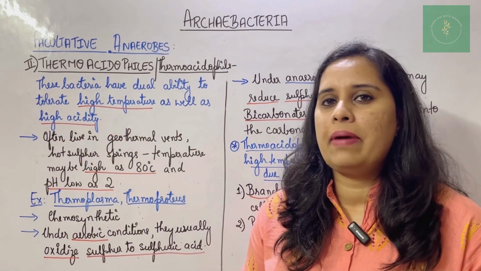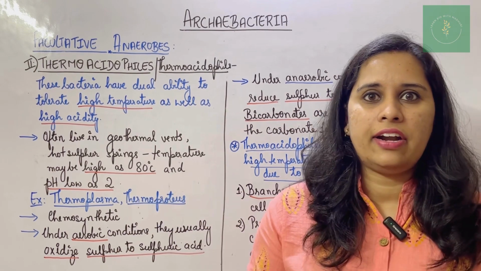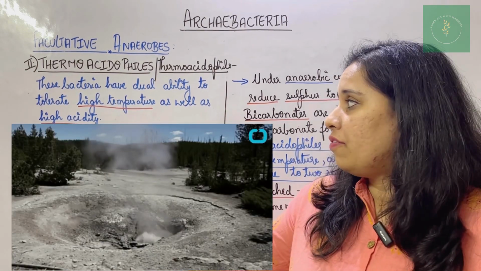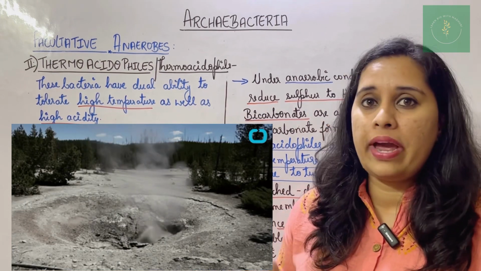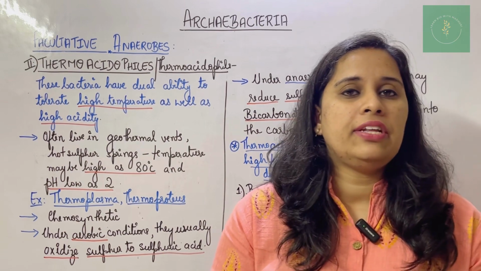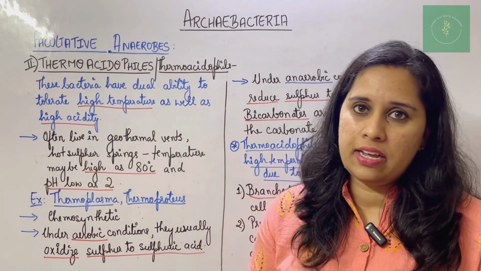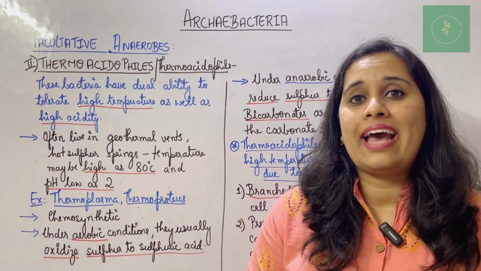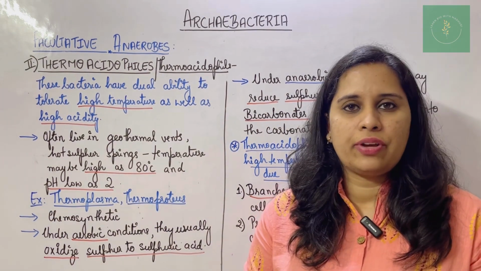Often, these Archaebacteria live where the temperature is too high, for example, geothermal vents and hot sulfur springs, where the temperature may be above 80 degrees Celsius and the pH as low as 2.